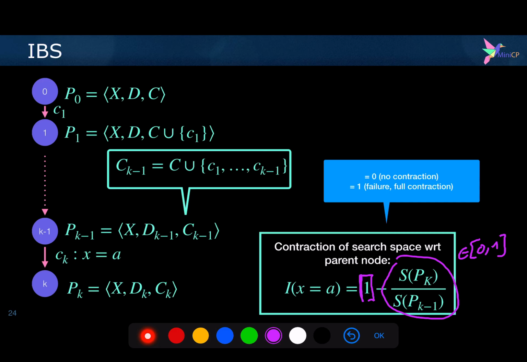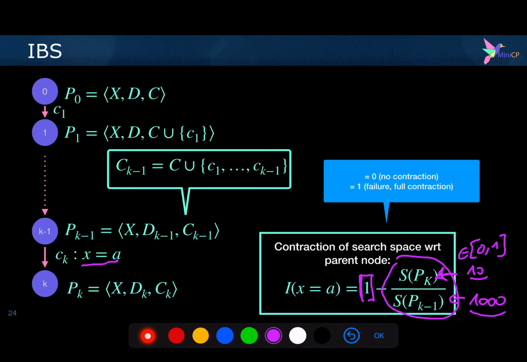And so if this impact is large, it's because this value here is very small. So assume, for instance, it's let's say 10, and this one used to be 1000. It means that now the size of the search tree is 10 after the decision x equal to a, and it used to be 1000.